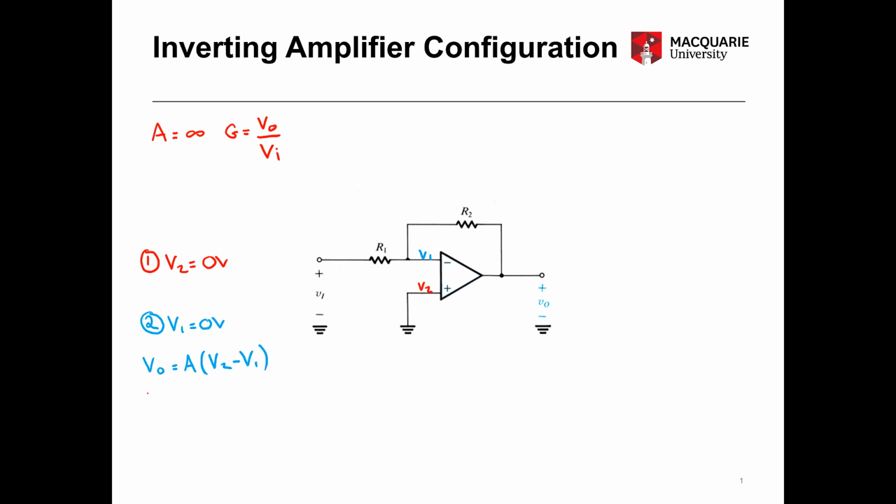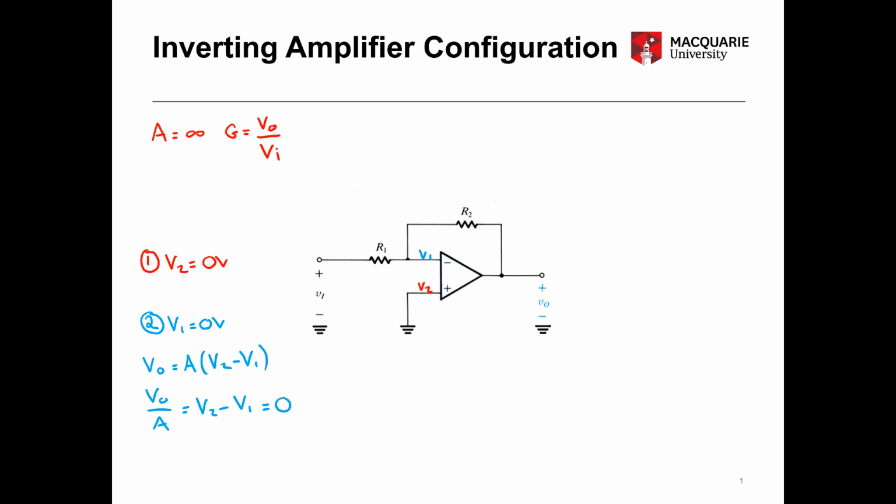Now if we rearrange that, we can see that V out divided by A is equal to V2 minus V1. Now we know mathematically that if A is infinity, then the left hand side of this equation must equal 0. So we therefore have V2 minus V1 equals 0.